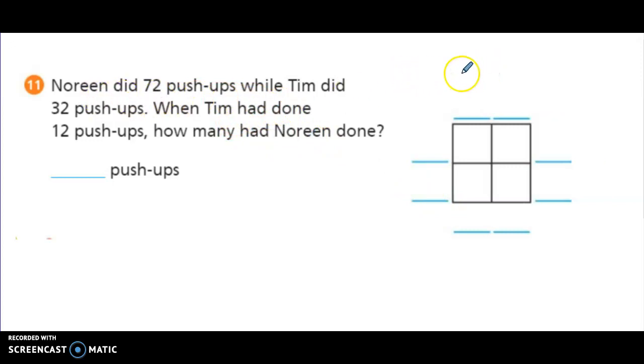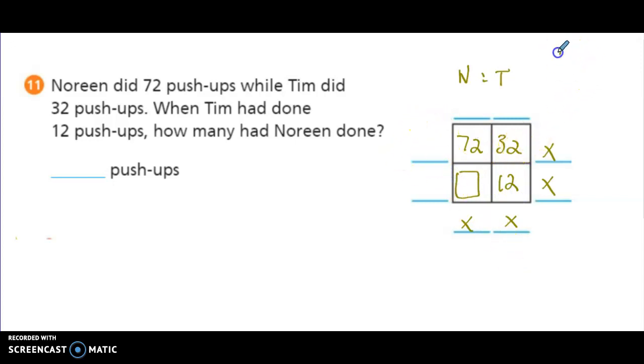So here again, we have Noreen and Tim. Noreen does 72 push-ups, while Tim does only 32. Girl power. Okay. But if Tim only does 12 push-ups, how many push-ups does Noreen do?